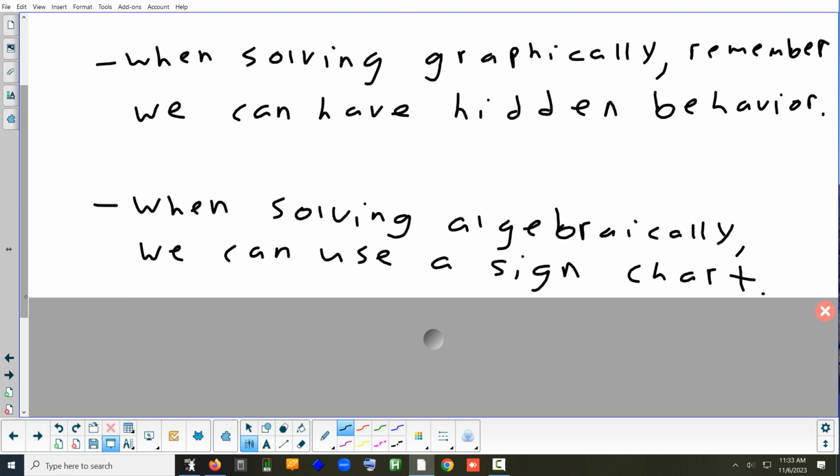Okay, when we're trying to solve a problem algebraically, we can't multiply both sides by a variable. That worked with equations. Why wouldn't that work with inequalities?